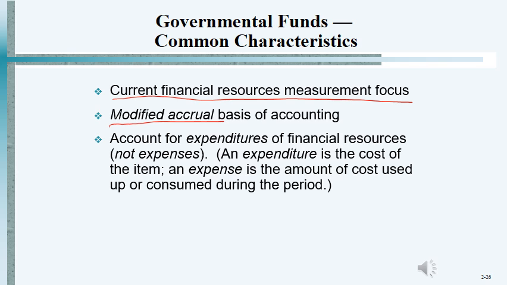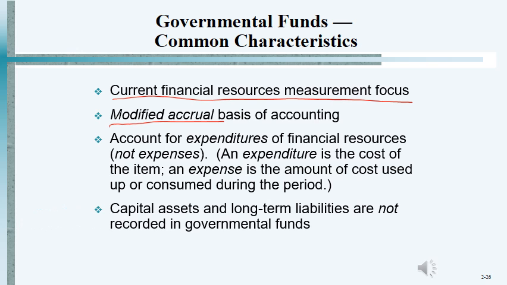Okay, so what happens, you come over and you take a look, and capital assets and long-term liabilities are not recorded. Remember, when we purchase equipment, we treat that as an expenditure, and we're going to talk about how we would treat the issuance of long-term debt here in a little while. But for our capital assets, there's no capital assets, and if there's no capital assets, what else do we have no of?